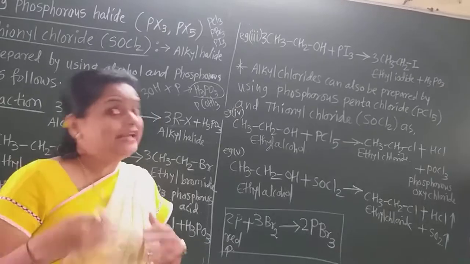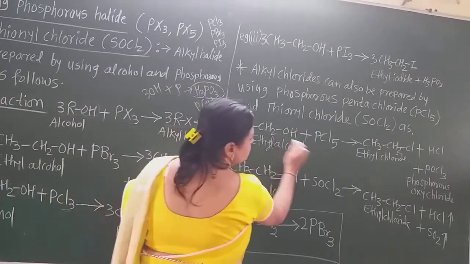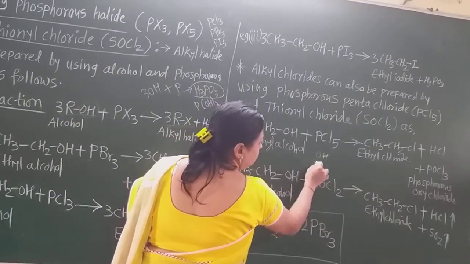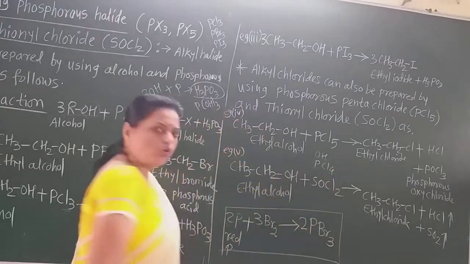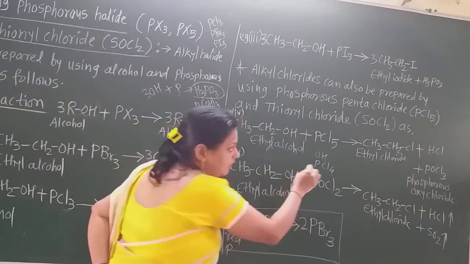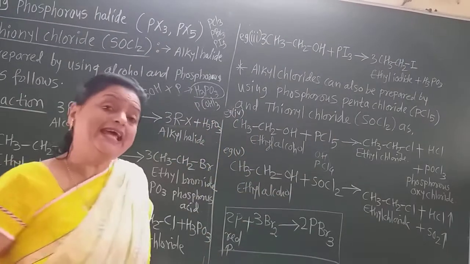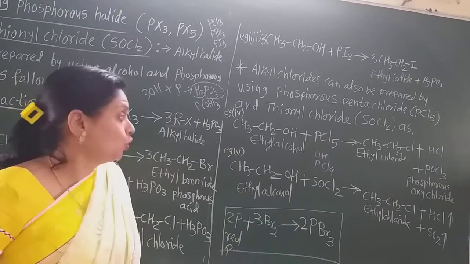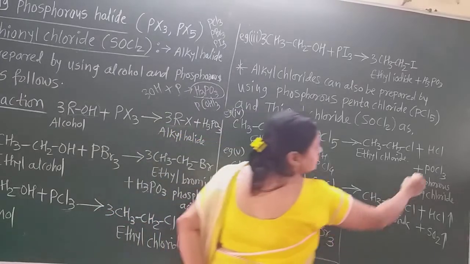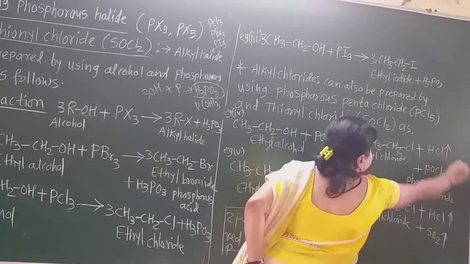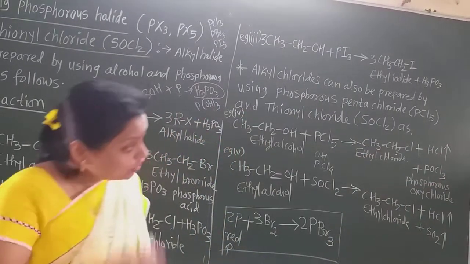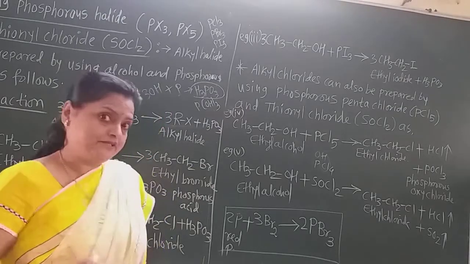Now what is remaining? This OH group, again P and Cl4. Only these remain. Now HCl is formed by using the 1 hydrogen and 1 chlorine out of 4, which is always in the gaseous form. So write down the arrow pointing upward.